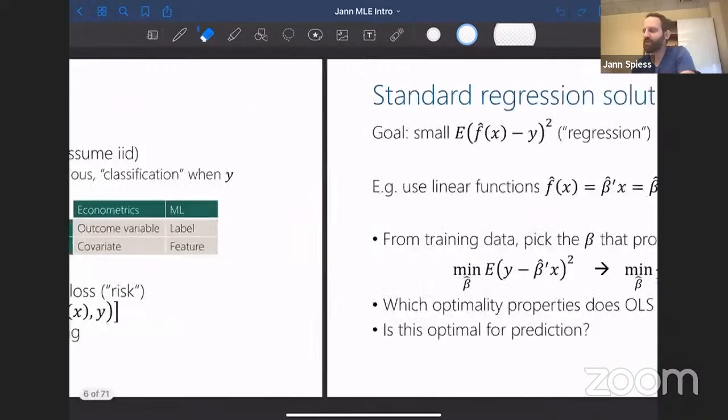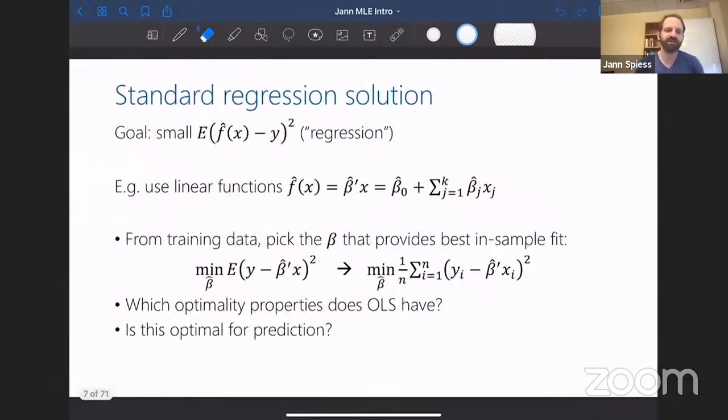And so let's think about how we would go about solving this in a classical econometric OLS type approach. So our goal is, if we assume that we have a regression problem where our loss here is L2 loss, meaning that we're just interested in minimizing mean squared error, then our goal will be to get small mean squared error out of sample, meaning we want to find a function that predicts the y outcome as well as possible in a sense that it minimizes out of sample mean squared error.